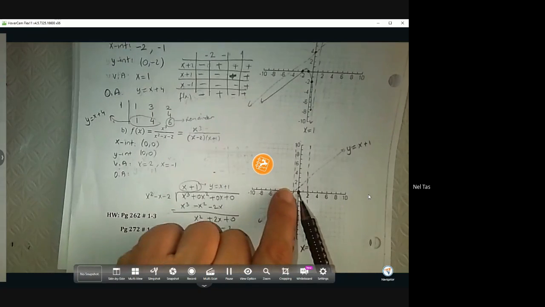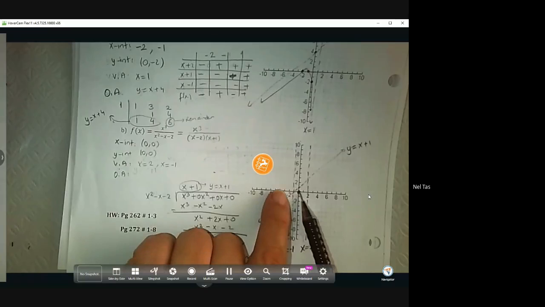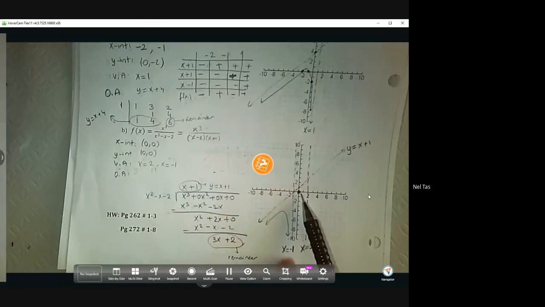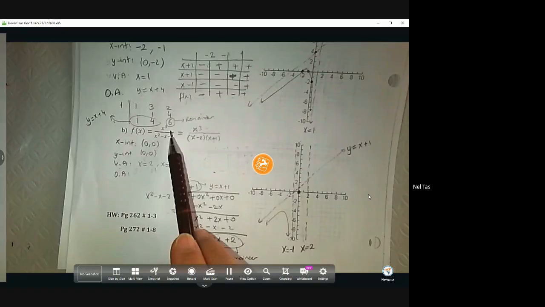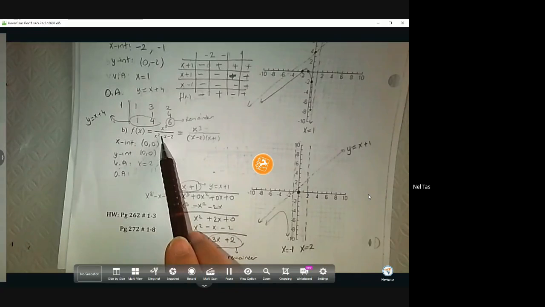So let's say here between the vertical asymptote and 0, between -1 and 0, you can pick a value, let's say -0.5. Yes, you can pass through the oblique asymptotes. Good question. Yes, it's like horizontal asymptotes. Oblique asymptotes can be passed through. Okay. So you can pick a value, let's say -0.5, sub in the function, and check if you're getting a positive value or negative value.